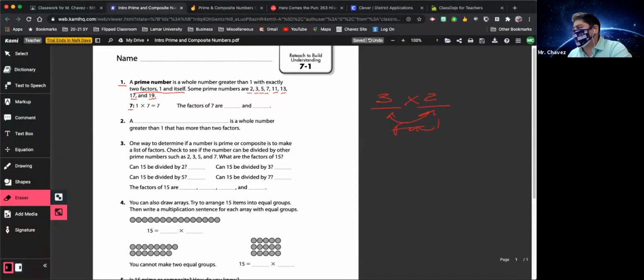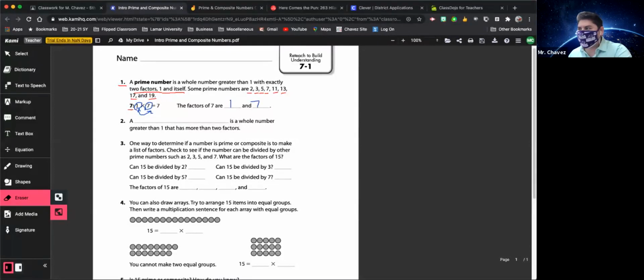Those are called factors. So like in this example here, the number 7 only has 2 factors, number 1 and 7. The factors of 7 are 1 and 7.